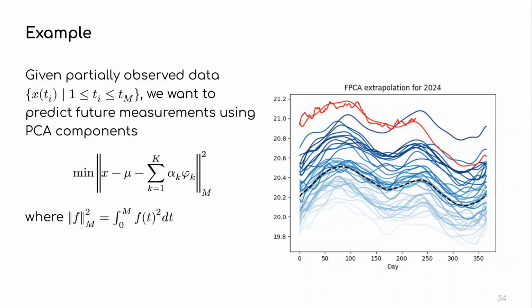I cheated a bit because I could not find a way to do this exact problem functionally in the Python library. So what I did was just evaluate x, mu, and phi at all these days and do a finite dimensional least squares on that. And that gave me this. Interestingly, it predicts that we should see the temperature dip fairly soon.